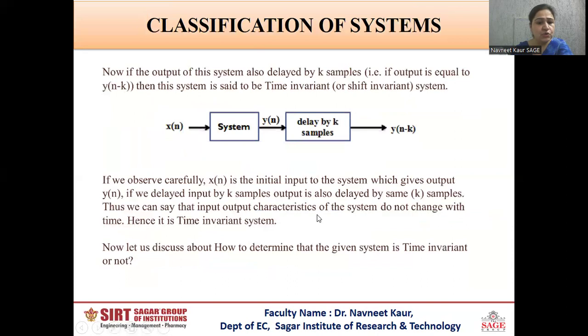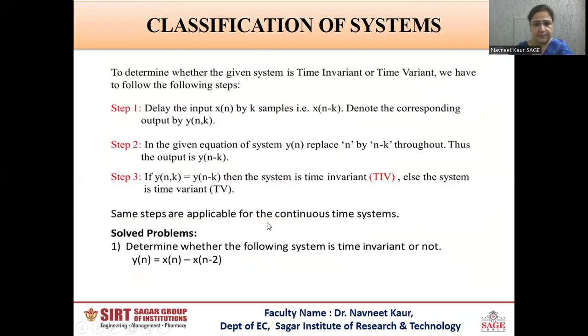That means there is no change in the output, but only it is delayed by k samples because the input is also delayed by k samples. So here the input-output characteristics of the system do not change with time. So this system is a time invariant system.